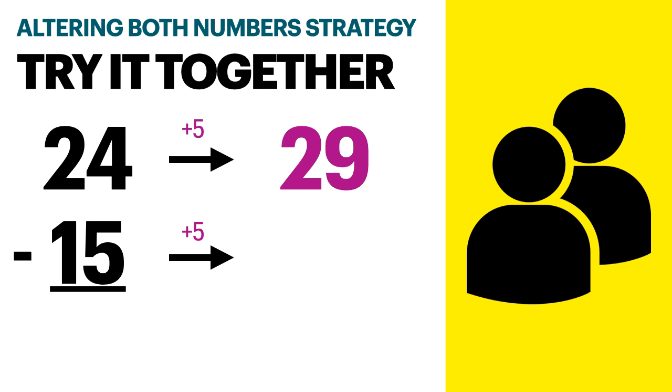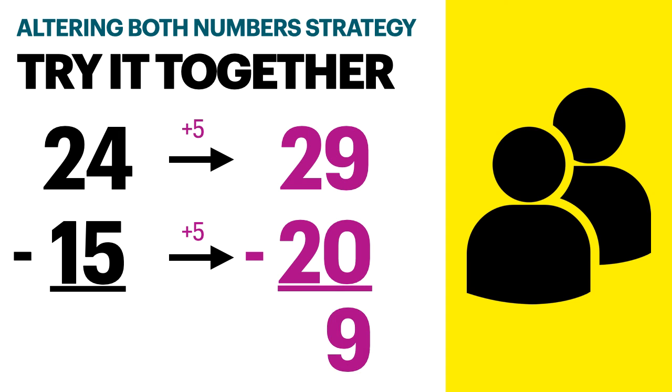Yes, 29. What's 15 plus 5? Yes, that bumps it up to the next 10, which is 20. Let's solve our simpler subtraction problem, 29 minus 20. Did you get 9? How are you feeling about this altering both numbers strategy?